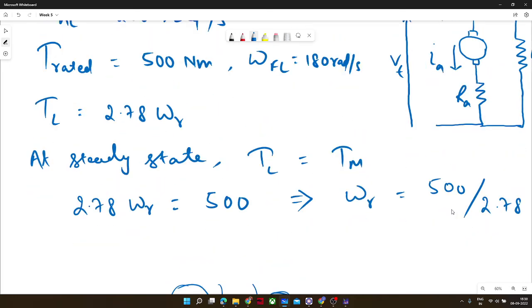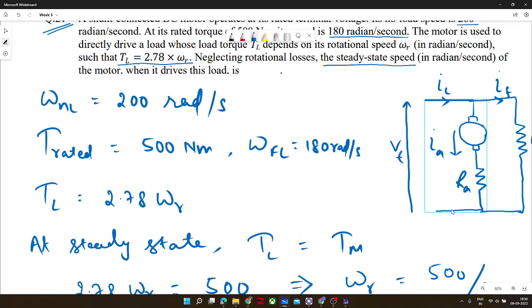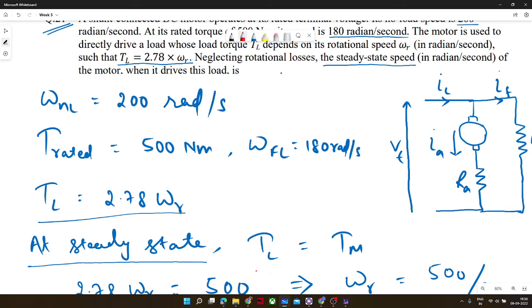Now we know this load characteristic, 2.78 into omega. The question was asking what will happen at steady state with the motor. We all know at steady state, the torque applied by the motor would be equal to the required torque by the load. So this was a very simple problem. That's why it was asked for 1 mark only. We just had to equate it.